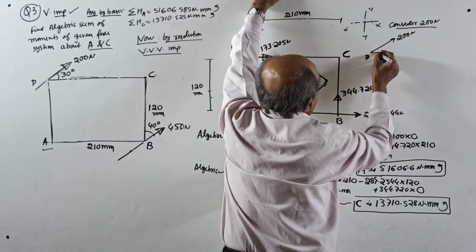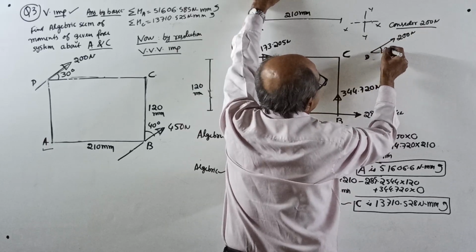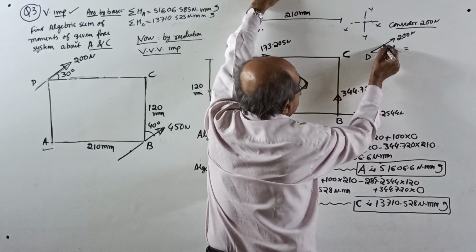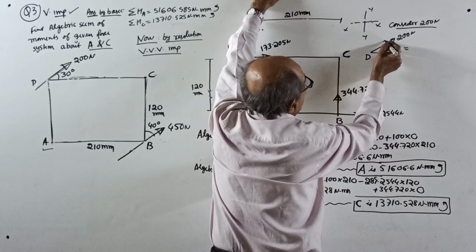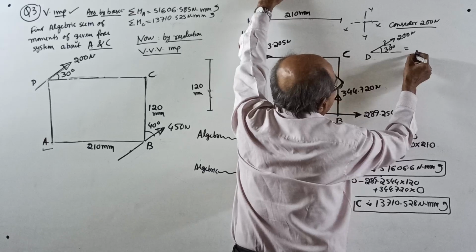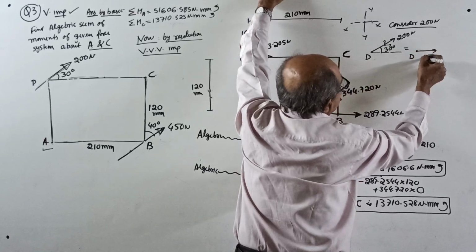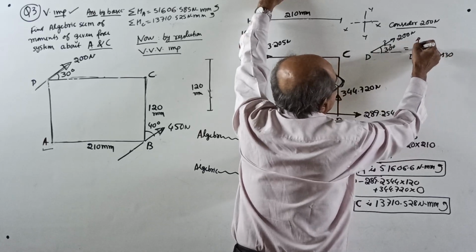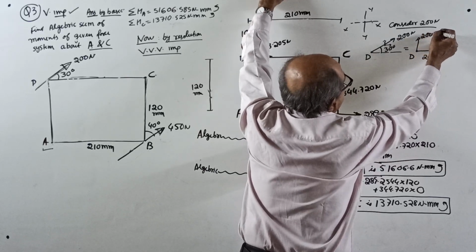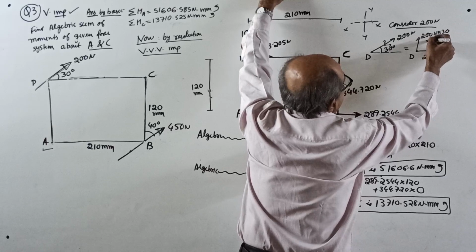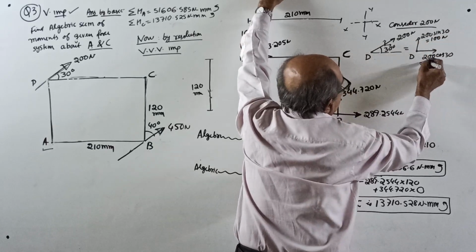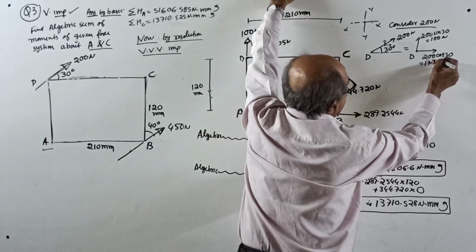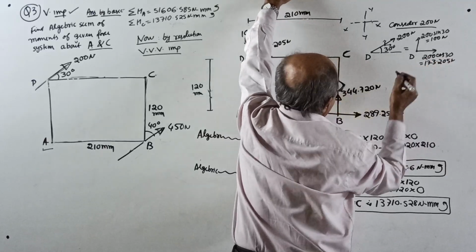I told you, see, the angle with horizontal is 30 degrees, so one component goes this way, one component this way through the point D: horizontal component of 200 cos 30, vertical component of 200 sin 30. This is 100 Newton. This is 173.205 Newton.